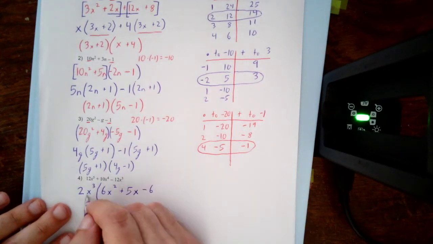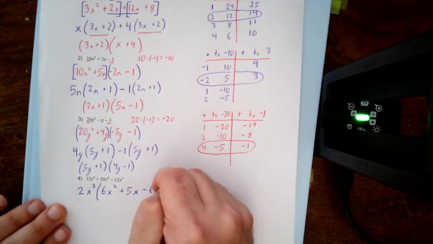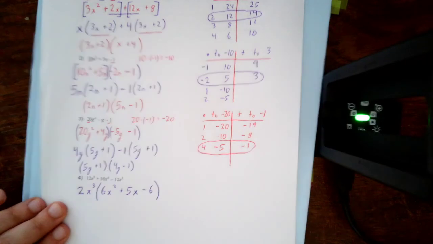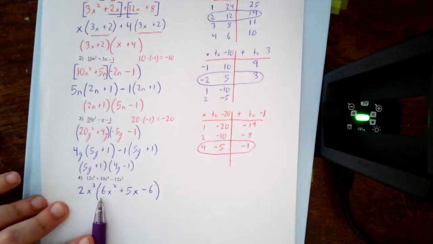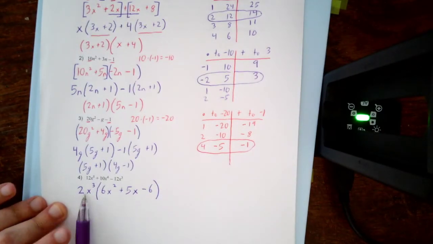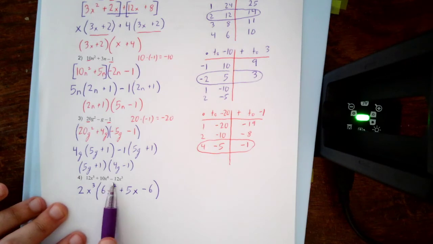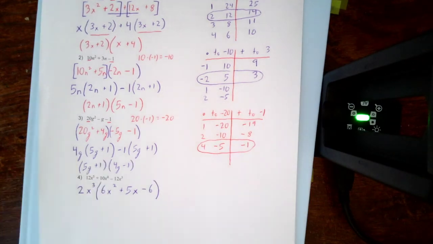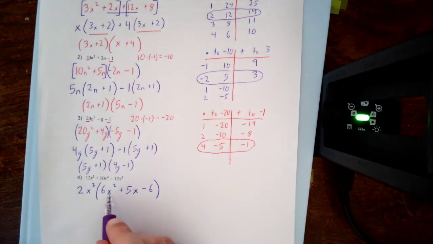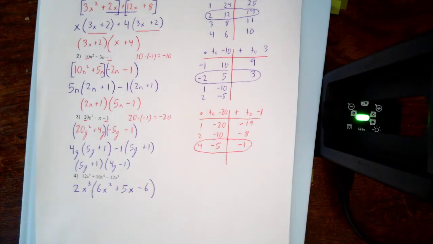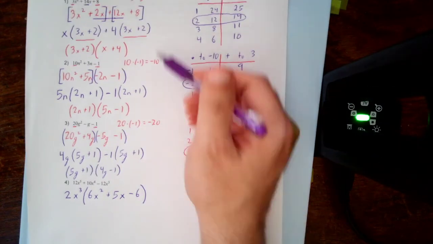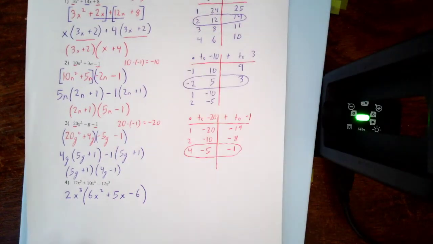X cubed, factor out x cubed, would leave no x's left over. So my new trinomial, after factoring out the GCF, becomes 6x squared plus 5x minus 6, which is of the form we were looking for, right? It's an x squared trinomial. That means we can use the techniques we used in these previous examples.